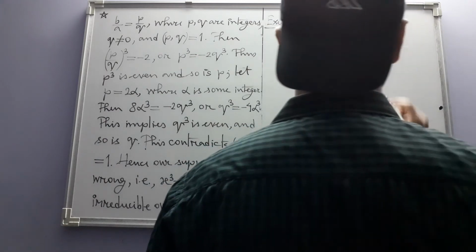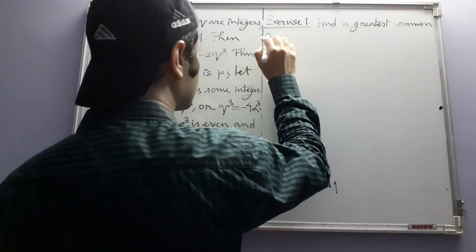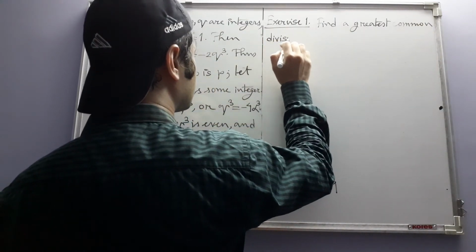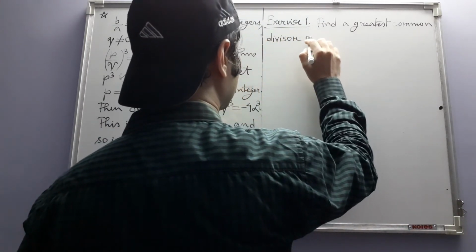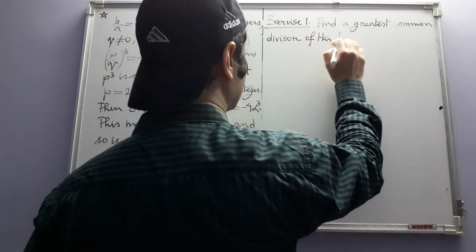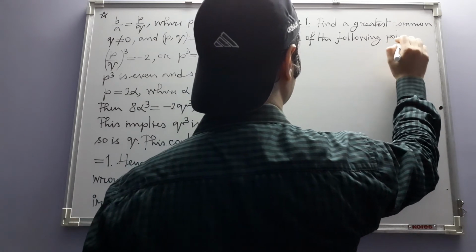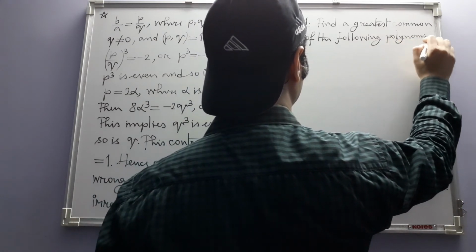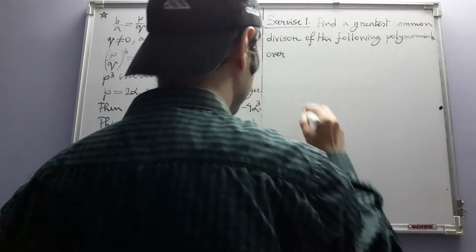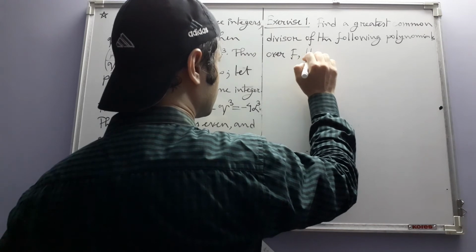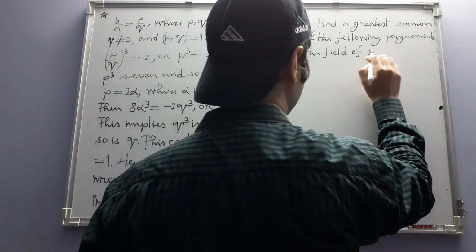So find a greatest common divisor of the following polynomials over F, the field of rational numbers.